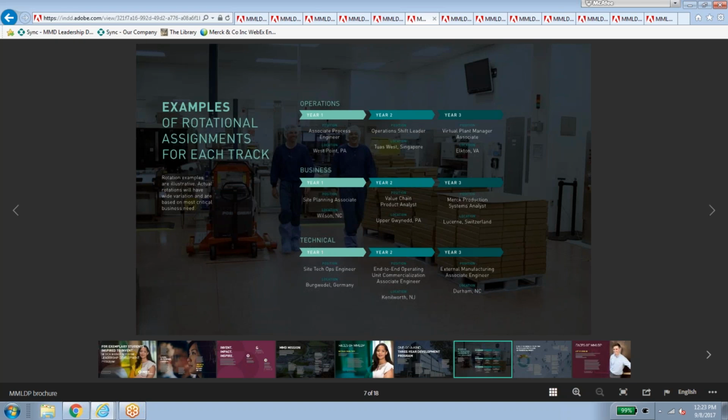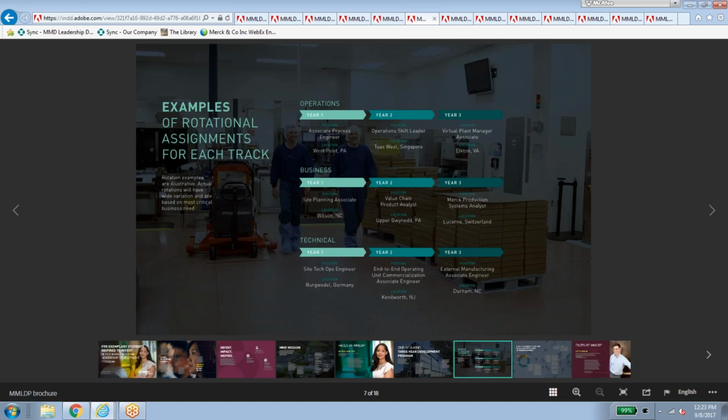And those roles typically end up being roles where you could be working on shifts, but you're directly on the floor for the majority of your rotation, and it's a very hands-on experience.